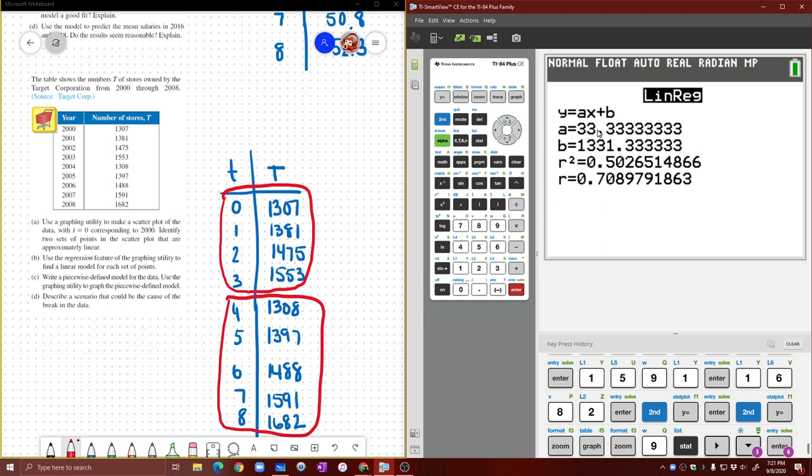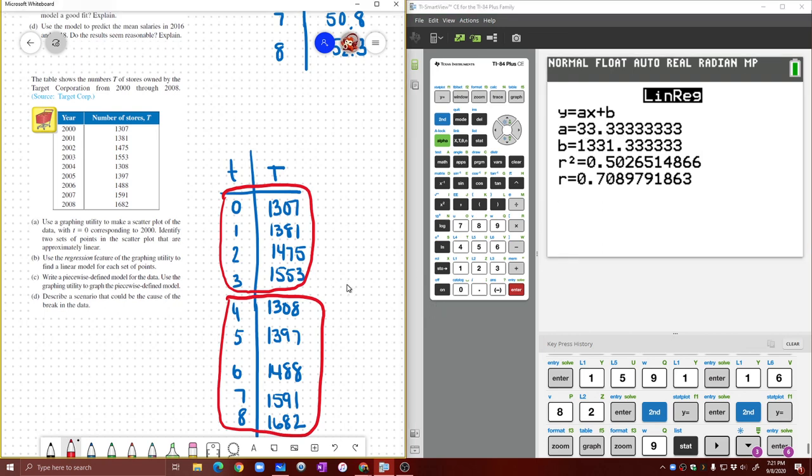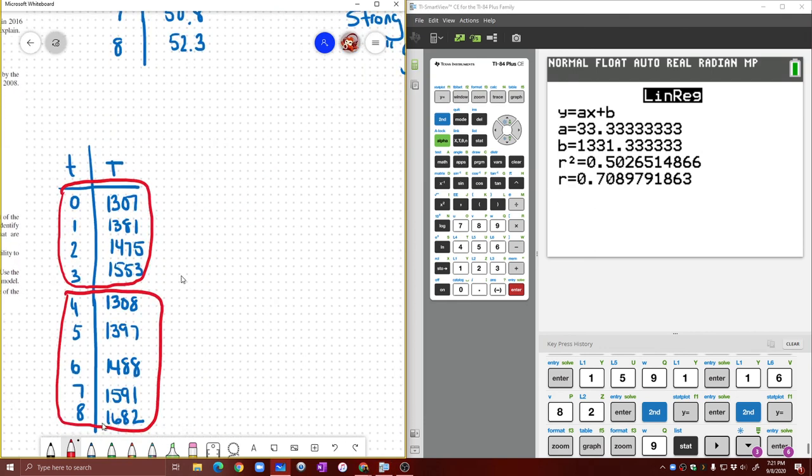And now let's look. So we got a 33.333 repeating. So I'm going to write my regression model, the line of best fit. It was T, capital T. So I'm going to write capital T hat is approximately 33.333 T plus 1331.333.